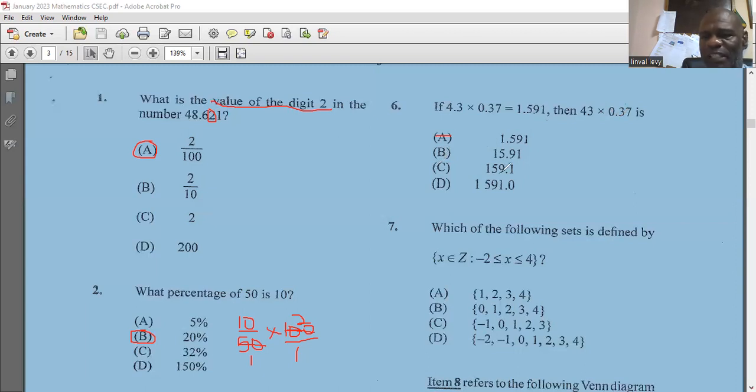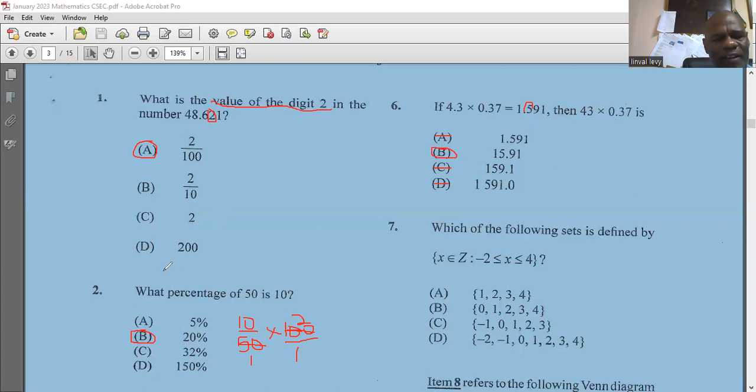C has only 1 digit behind the decimal point, so it could not be C. D has 1 digit as well, so it's not D. If you notice, they moved the decimal point 1 place to the right, so obviously we are going to move the decimal point in the answer 1 place to the right, and that gives us 15.91. So your answer is B.